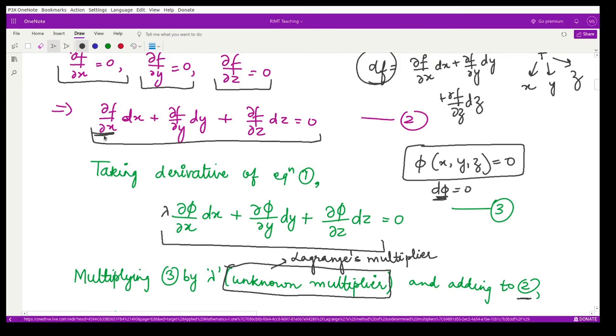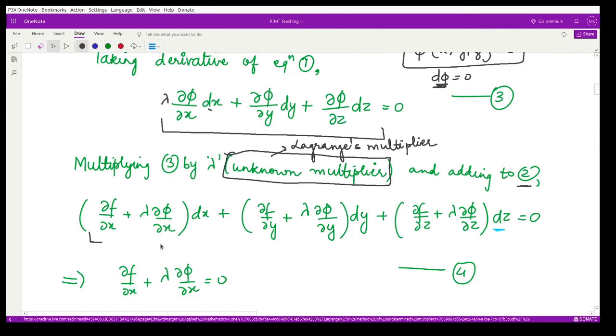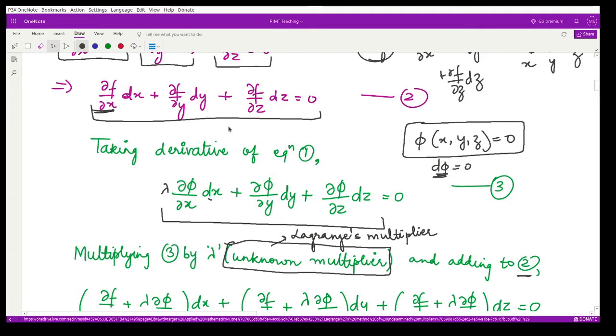So you have del f by del x plus lambda del phi by del x into dx. And similarly for the second term corresponding to dy, you have del f by del y plus lambda del phi by del y.